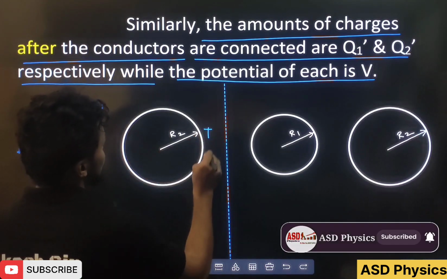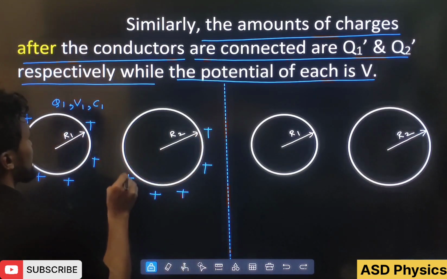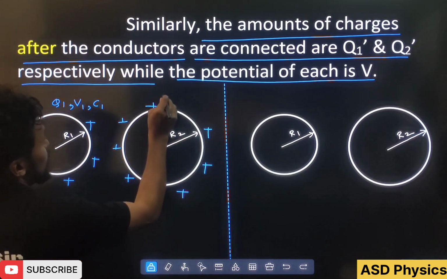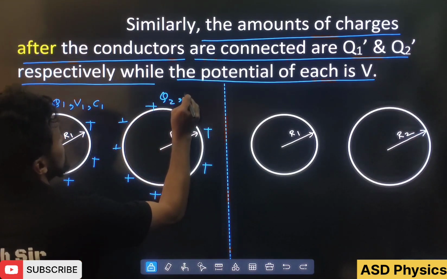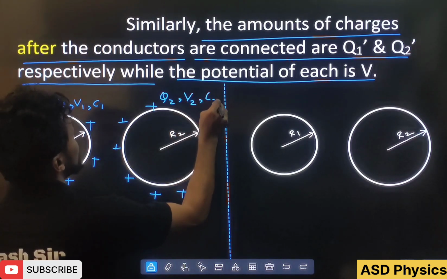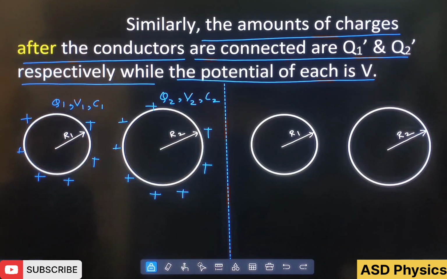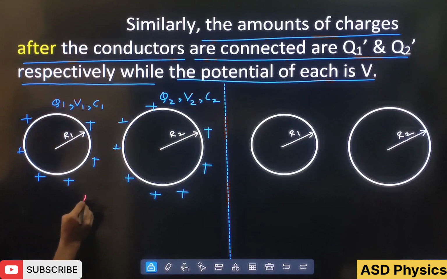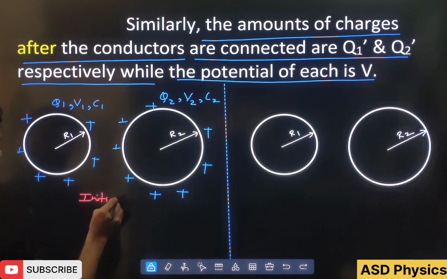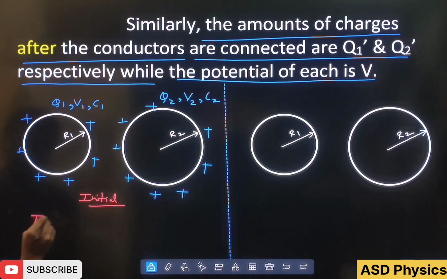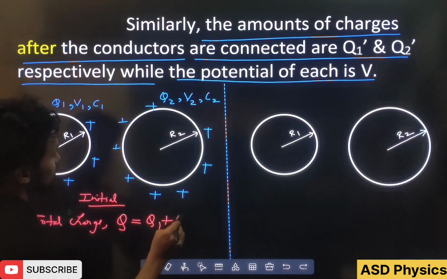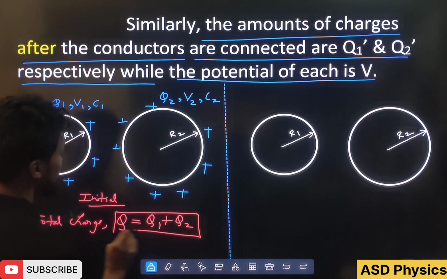Similarly, let's take another conductor with radius R2, charge Q2, potential V2 and capacitance C2. This is the initial situation. Now if I write the total charge, because later I have to use this, the total charge on this system is Q equal to Q1 plus Q2. Please remember this.